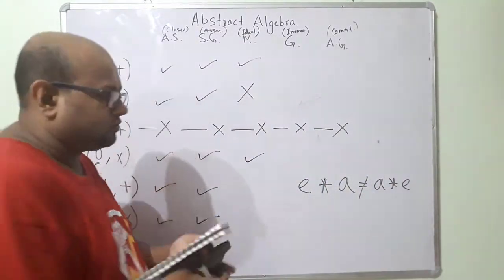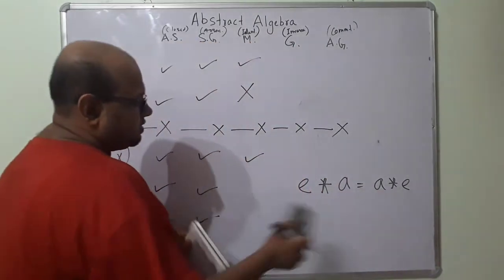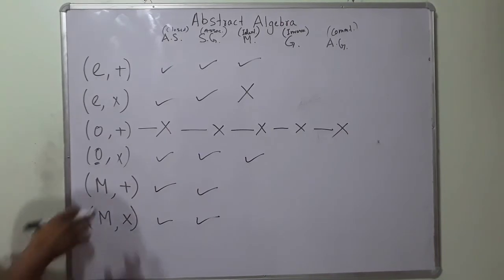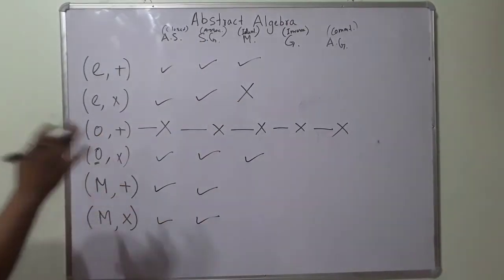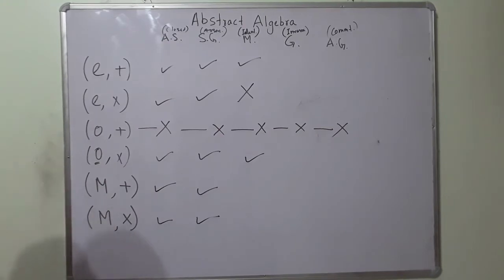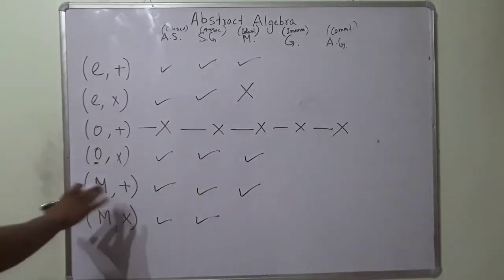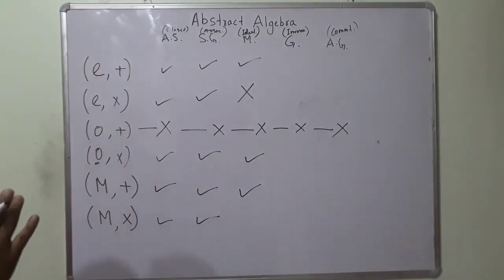This has to be true. So the 0 matrix is my additive identity in the case of matrices, and it belongs to the set of matrices. Therefore, the set of matrices under the operation addition is a monoid.